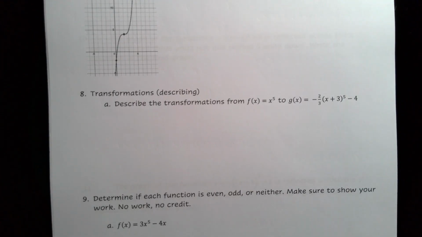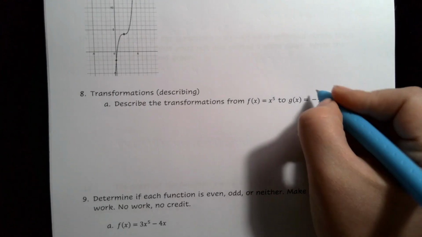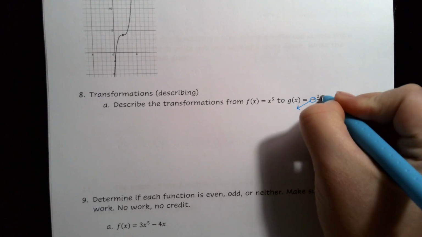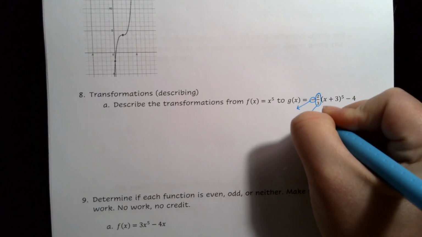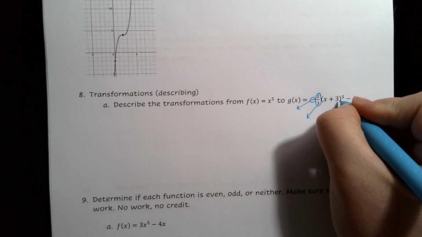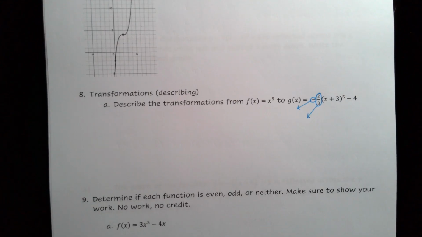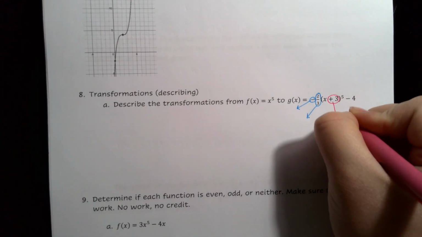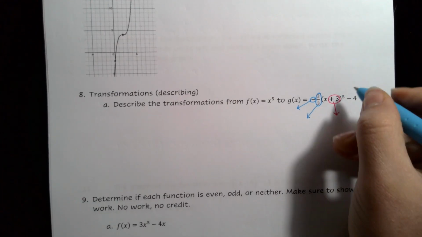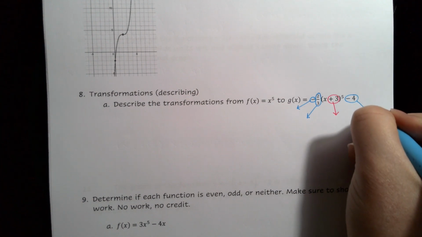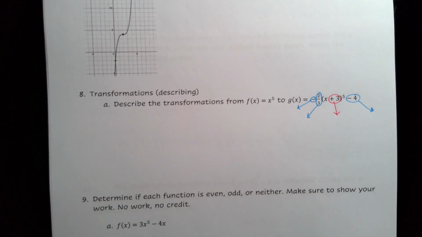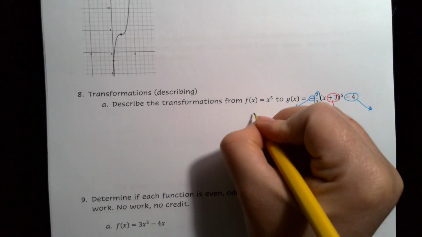So what we're doing is we're going to identify every single change from our parent function, which is x to the 5th power. So if it's not x, and if it's not to the 5th power, that means we need to tell what happened. Because we see a negative out in front, we have a reflection across the x-axis.